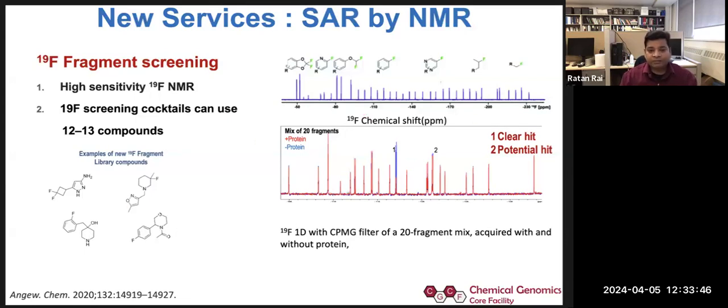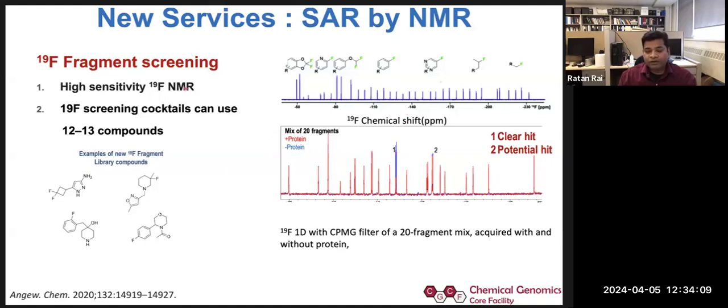So this is one example recorded at 600 megahertz NMR, and the blue line is without protein. It is a mixture of 20 compounds. When we added protein, we can see that out of 20, 18 show no difference.